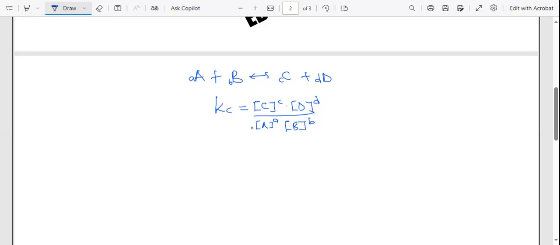This is the Kc value. That's how we obtain the Kc value.